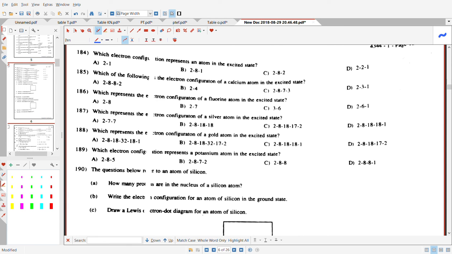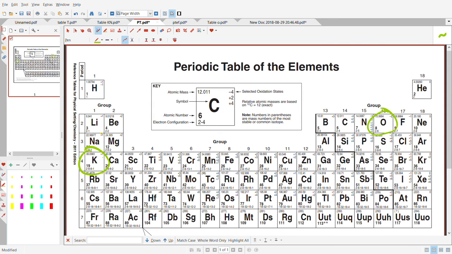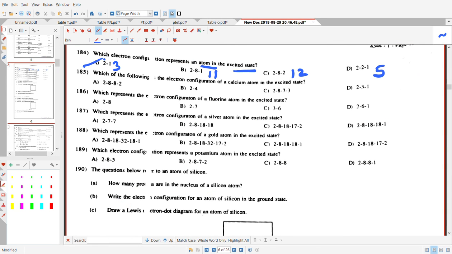Now I'm going to go over an electron configuration of an atom in the excited state. Well, excited state means it skips, so because it's an atom, the protons equal the electrons, so I could first count up the total electrons, and then go to that atomic number. Atomic number 3 says 2-1, so that's regular ground.